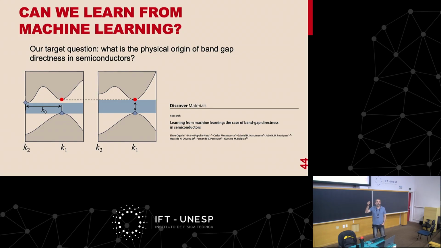And this band gap can be classified in two different ways. There are materials that have a direct band gap, and materials that have an indirect band gap. So what does this mean? These are the pictures of the band structure of a material. Here I forgot to put it, but this axis is energy, okay?